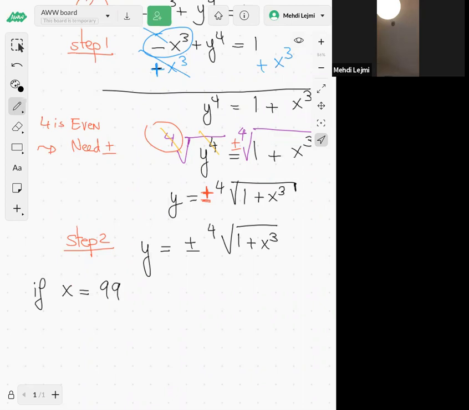Then y would be plus or minus this 4th root of 1 plus 99 cubed. That would be a problem too. Sorry. Probably not 99. I'm gonna take a 100. That'll be easier.